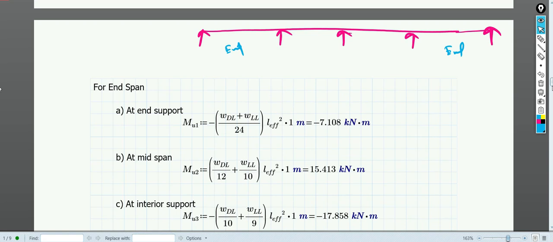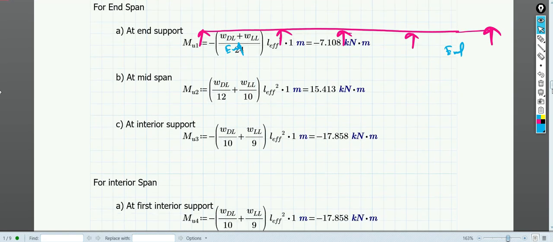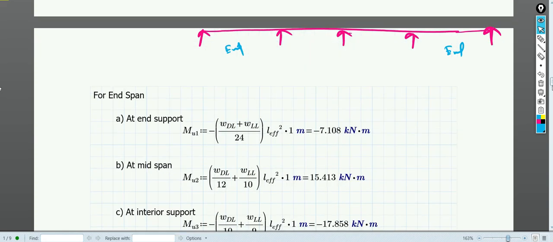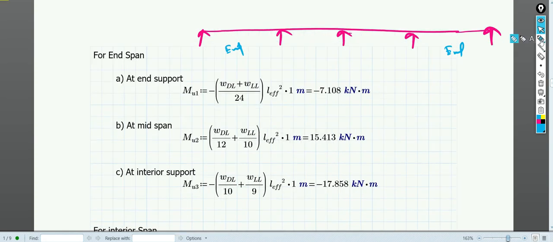It is mentioned in the clause 22.5.1. If the end span is supported over some walls, in that case you will not find the full moment, because it is just like simply supported, as well as the wall is there.